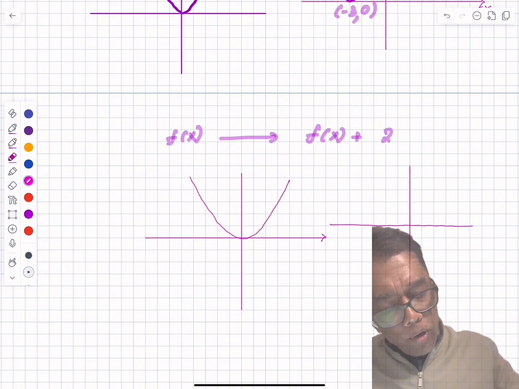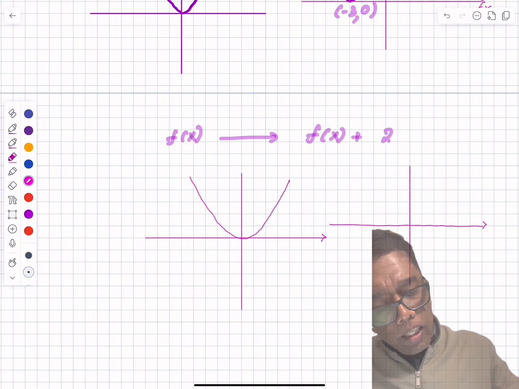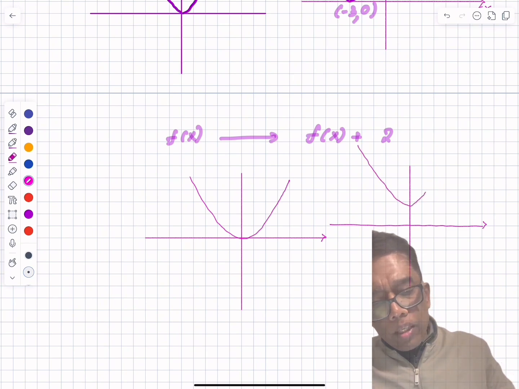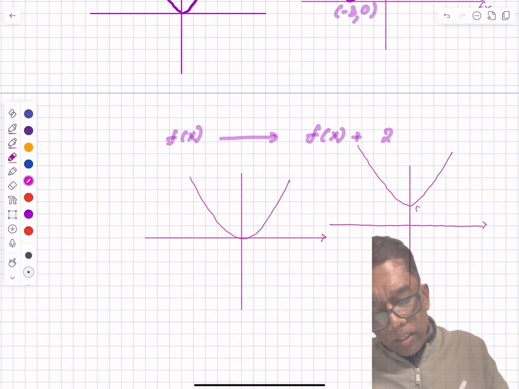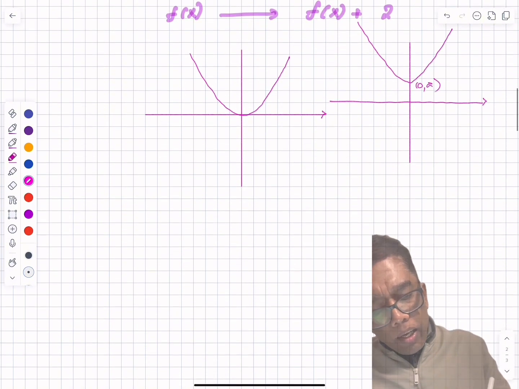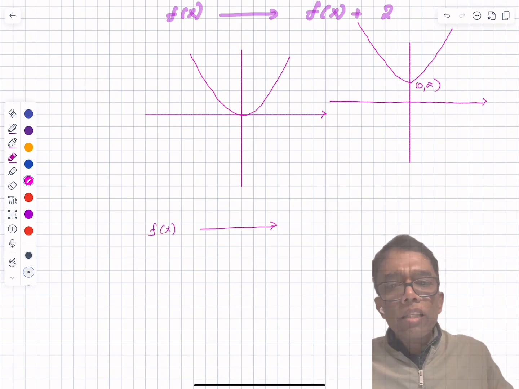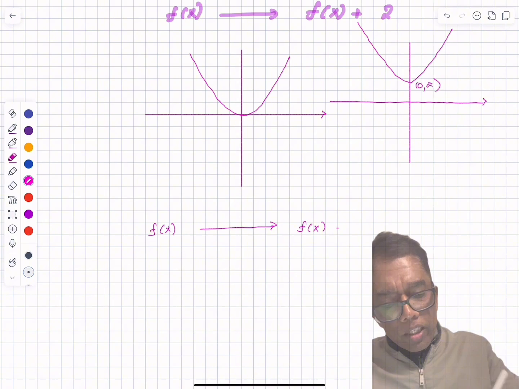Then the turning point is (0, 2). Next one, f(x) goes to f(x) − 2. It is also a vertical translation to the negative direction of the y.